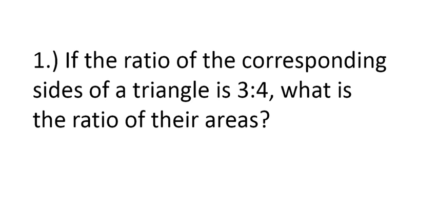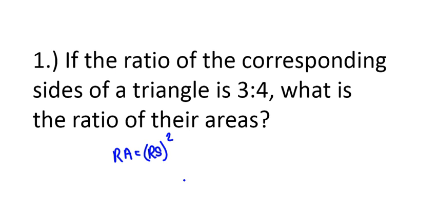So number one says we have the ratio of corresponding sides in a triangle to be 3 to 4, and they want to know what is the ratio of their areas. Well, I'm going to start with that second equation. The ratio of the areas is going to be equal to the ratio of the sides squared.